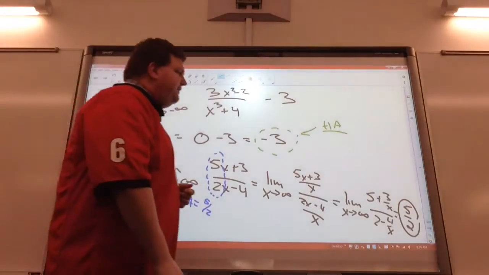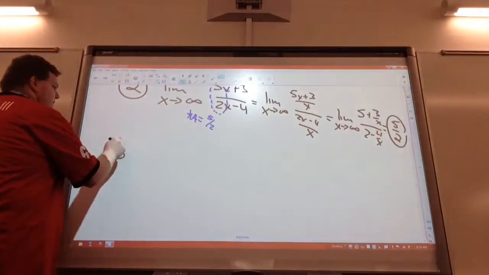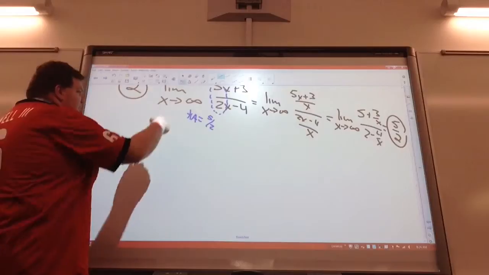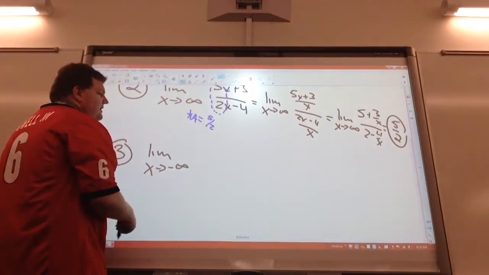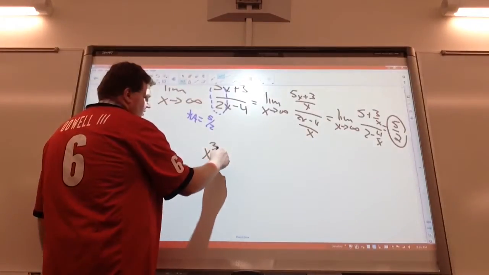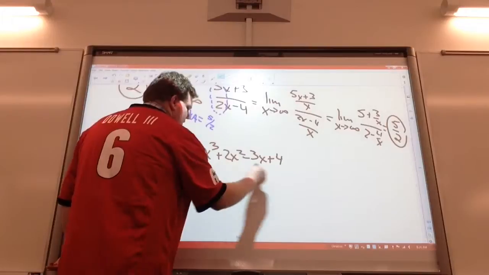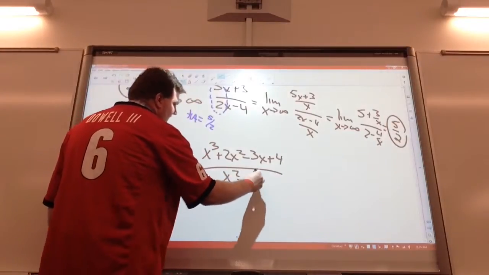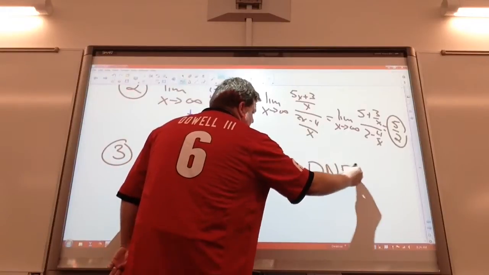All right, the final case with limits at infinity is when, of course, the top is bigger than the bottom. I'll say the limit as x goes to negative infinity of x cubed plus 2x squared minus 3x plus 4 over x squared minus 8. The limit here does not exist.